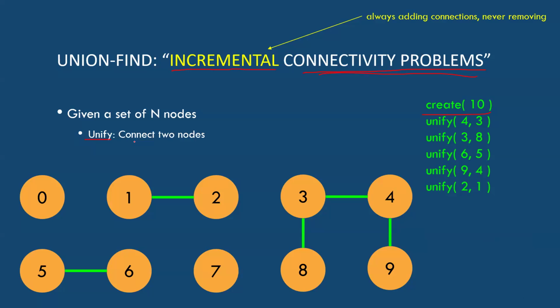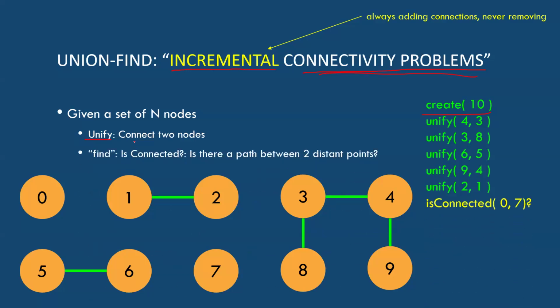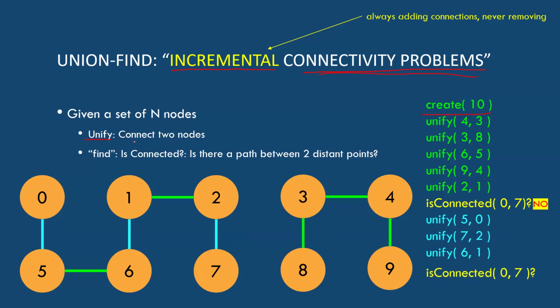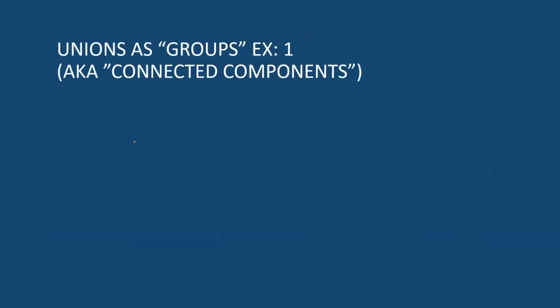So at any point, we should be able to ask a connectivity question, like, hey, are 0 and 7 connected? No, it's not connected, right? So not yet anyway. So we keep going, we do more unifies, and eventually we get to a point where we want to ask a question again. Are they connected now? Yes, now they are connected. So we want this data structure to be able to answer questions in this kind of real world situation where we're dynamically adding stuff, okay?